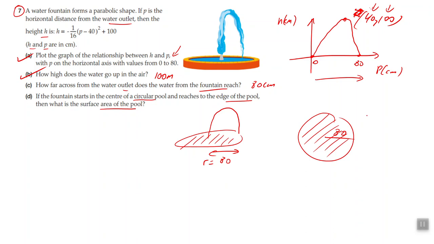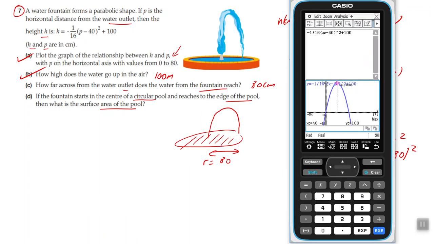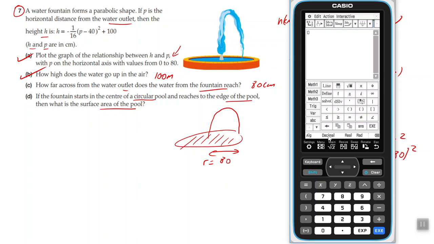The area of a circle is pi r squared, pi times 80 squared. That should give me the answer. So let's work that out on our CAS calculator. Pi times 80 squared.